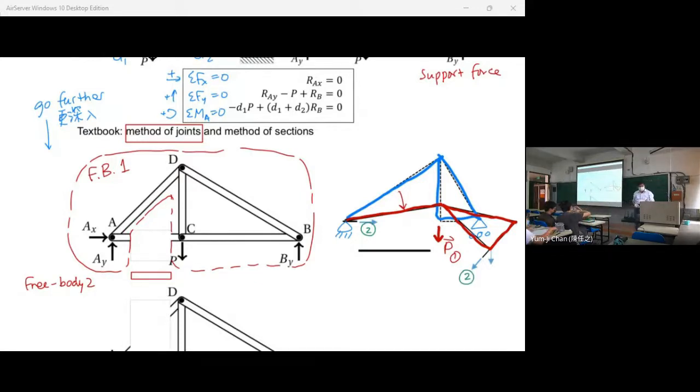Now we have added two forces here. By action and reaction, this is action, and now we have reaction. I'm sorry, I should put it like 3 here.